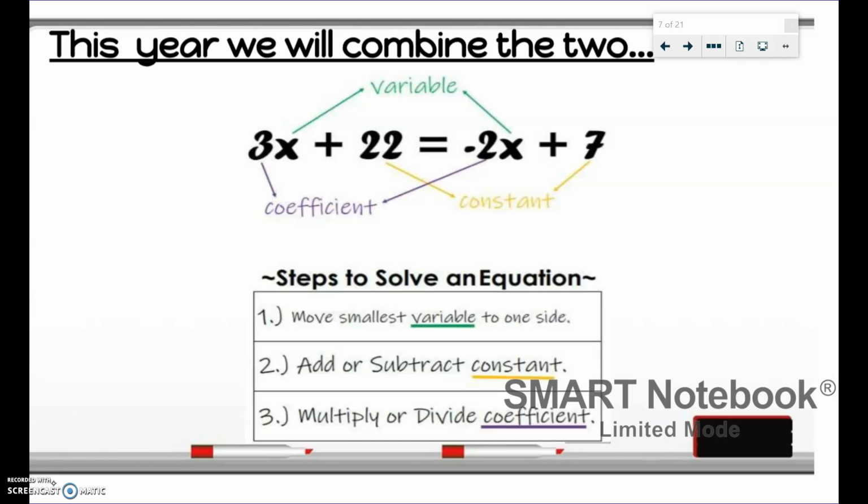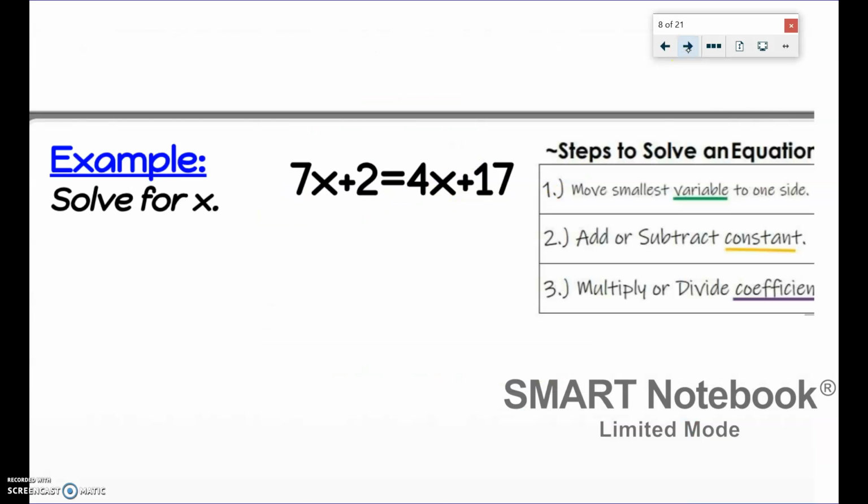So my first step would be to move the smallest variable to one side. You have to really make sure you're paying attention to your integers, okay? Then once you have moved your smallest variable to one side, then it's a normal two-step equation. You add or subtract your constant, and then you multiply or divide your coefficient. So let's go ahead and do that.